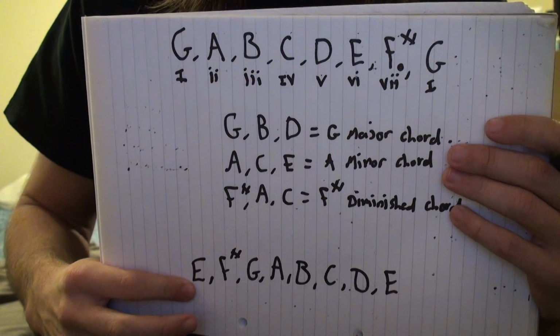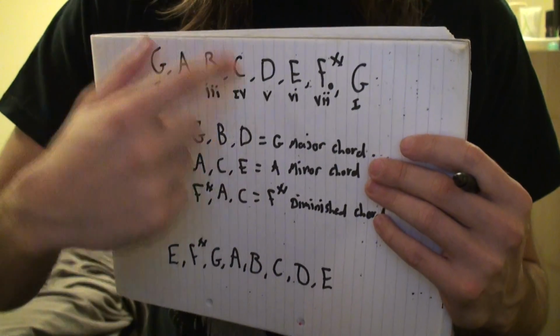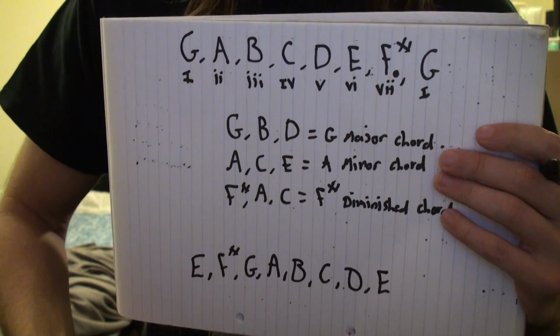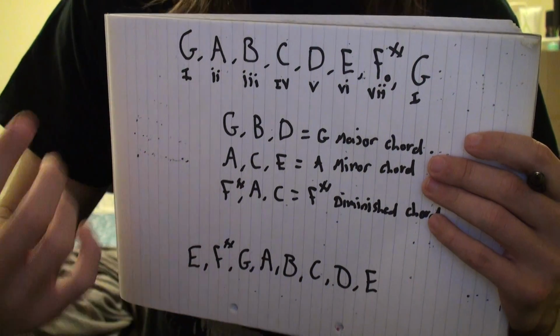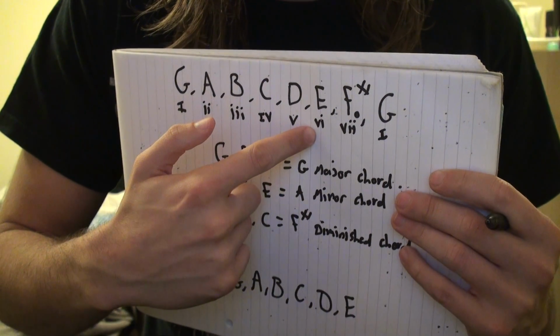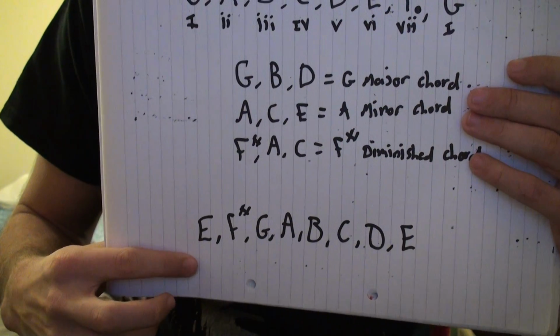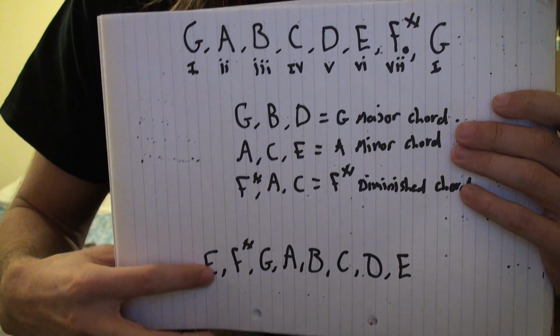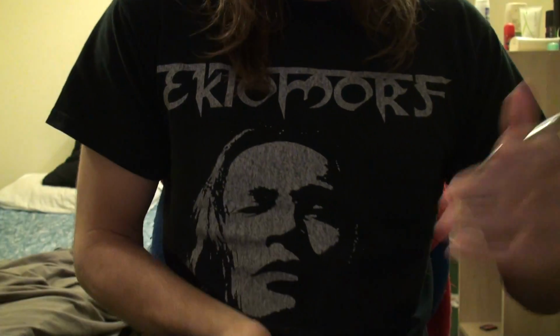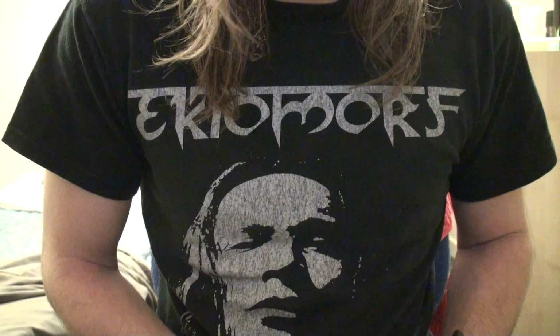So what we will do, since I am using the relative minor, I will show you this as a good example. This E is a minor, so this E down here is going to be a minor. Let me just write this out for you.